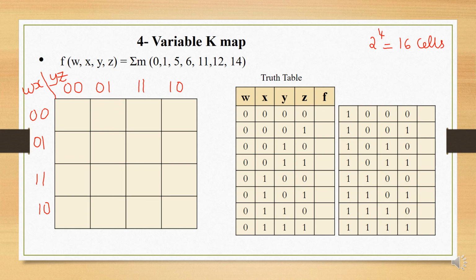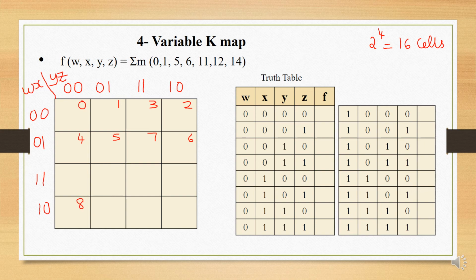So let's represent the cell numbers for each cell in the K-map. This will be 0, 1. 2 goes to the last column because the value for 2 is 0 0 1 0. Therefore this becomes 2, 3, and 4 is 0 1 0 0, then 5, 6, 7. 8 is 1 0 0 0, so we find wxyz as 1 0 0 0 at the last row and the first column.